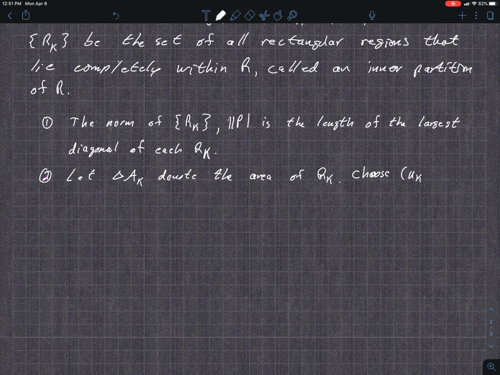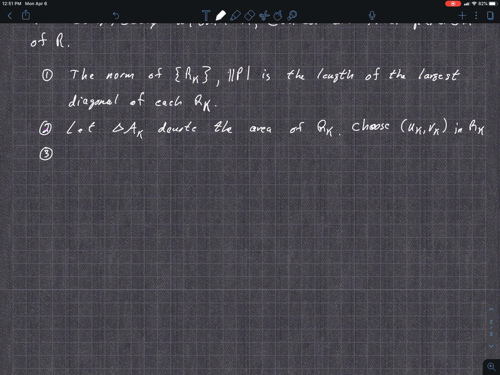Then we're going to choose the U sub k, V sub k in R sub k. And it's just like the interval, some arbitrary value inside of it. 3, we'll define P, the partition, to be the set of all the R sub k's.